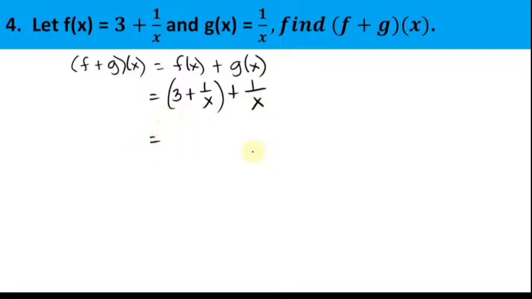So what is our denominator or LCD? Our LCD is x. So understood that there is a 1 here.